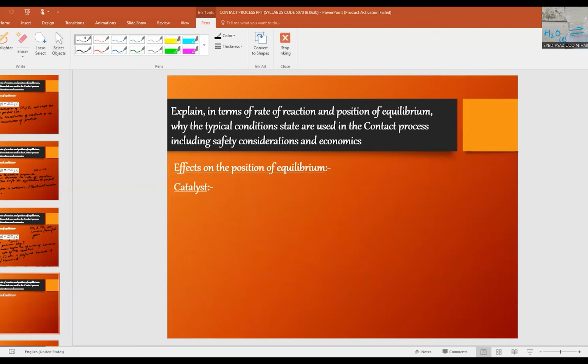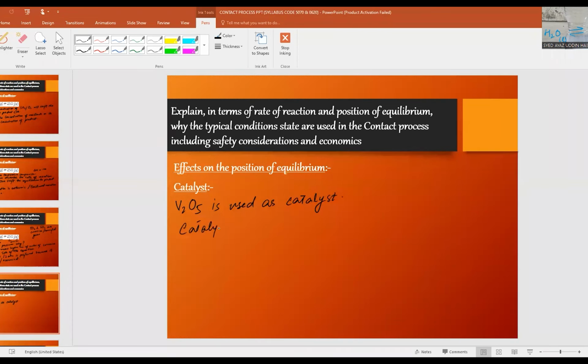Catalyst. In the contact process, vanadium 5 oxide, V2O5, is used as the catalyst. You know that a catalyst increases the rate of reaction, but here the catalyst has no effect on the position of equilibrium.